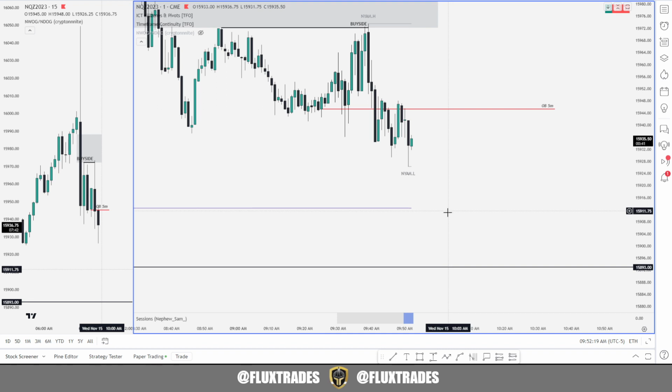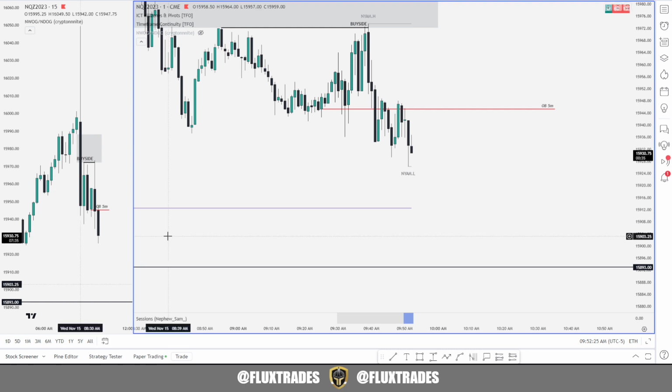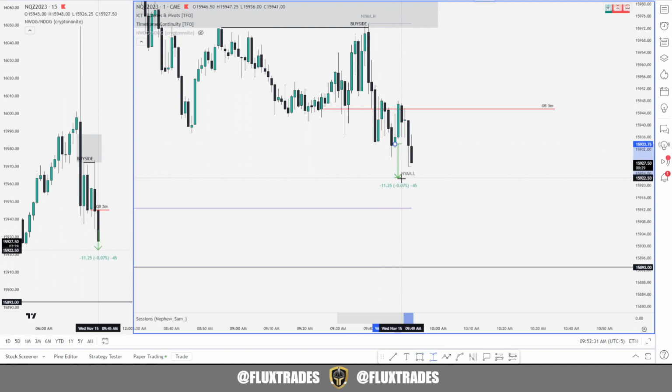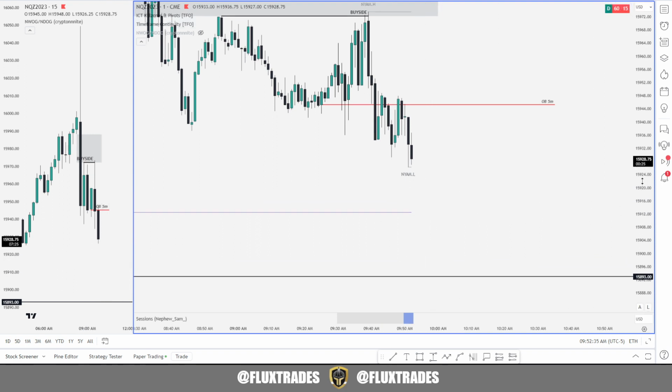Okay, so just wicked into this order block here. Could use that as an entry. We'll be looking at 20 points, basically down to that low. Not really liking it too much. Actually, it's not bad.